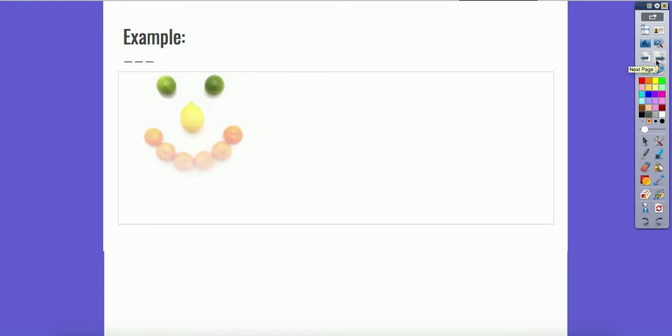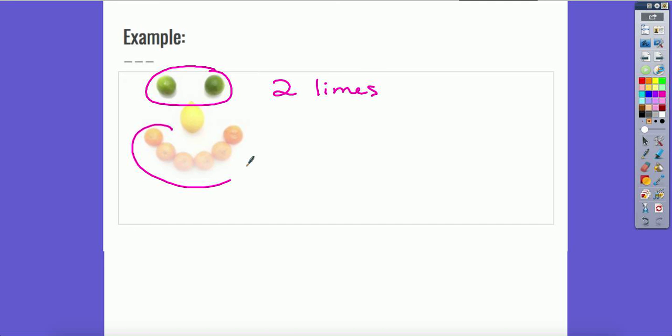So another example, I know this is kind of a goofy smiley face here, but I've got some limes, I've got a lemon, and I've got some oranges. So if I was talking about combining like terms here, I notice that, oh, I've got 2 limes. Okay, 2 total limes. If I look at my oranges down here, I've got 6 oranges. If I could spell oranges.